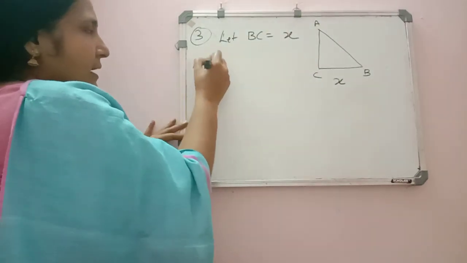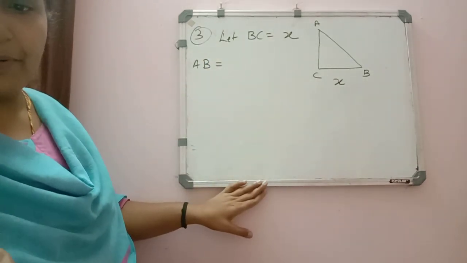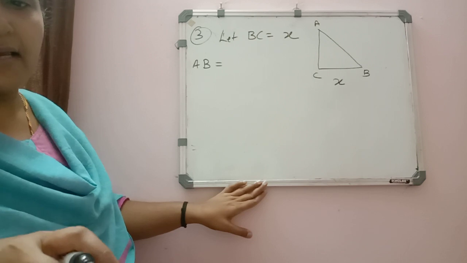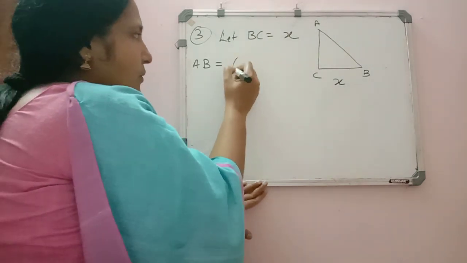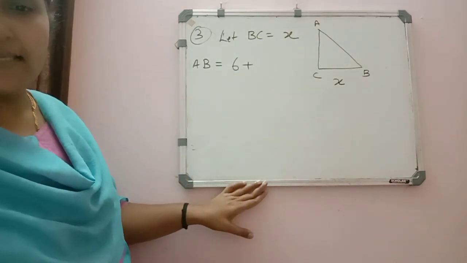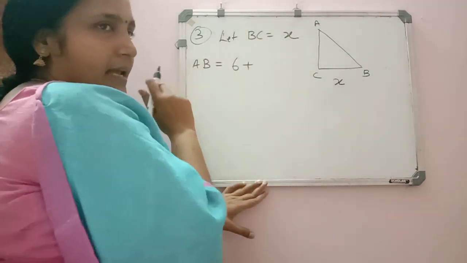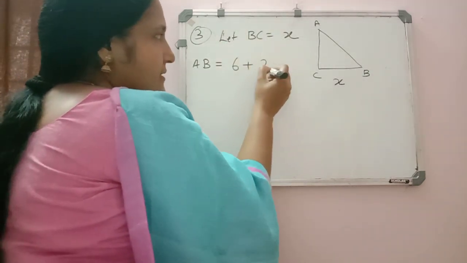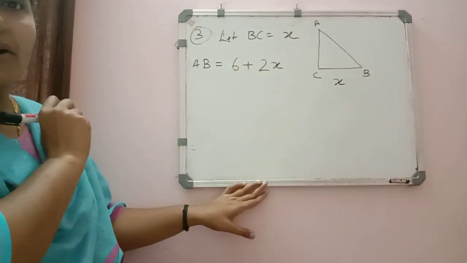So we will write here AB is equal to... The information given: the hypotenuse of a right triangle is 6 meter more than, so 6 plus, then twice the shortest side. Our shortest side we have taken as x. So twice the shortest side, that will be 6 plus 2x.